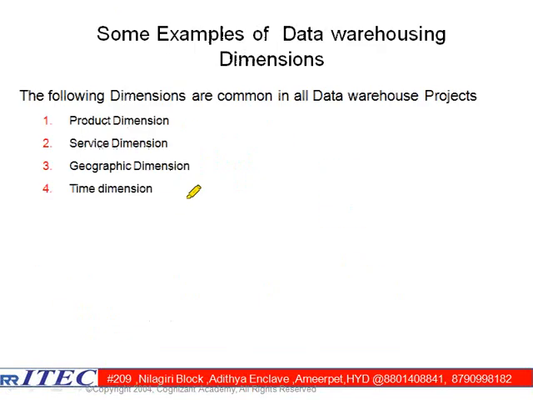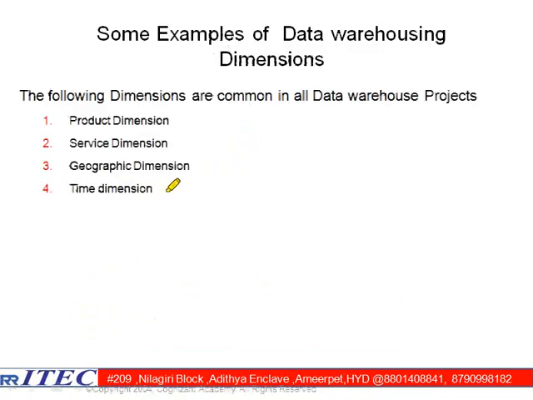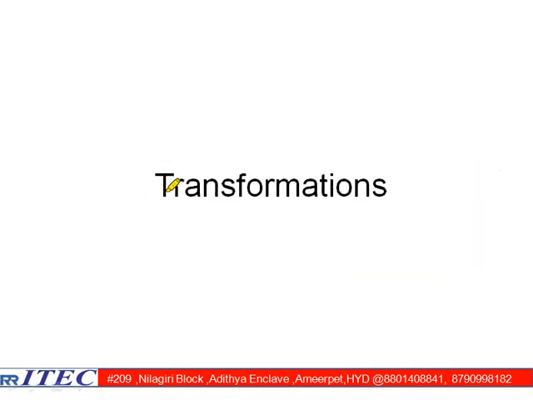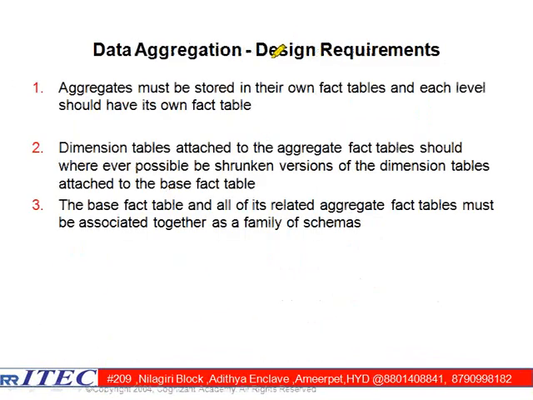Best examples are product dimension, service dimension, geography dimension, time dimension, like this a number of things are there. Okay, you people understand one point very clearly. That point is called design requirements, how we are going to design it. The base fact table and all of its related aggregate fact tables must be associated together as a family of schemas.